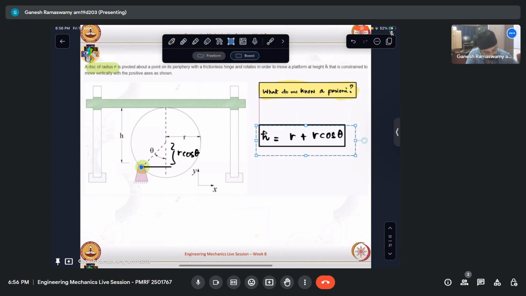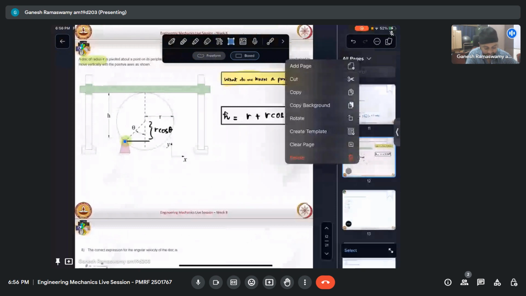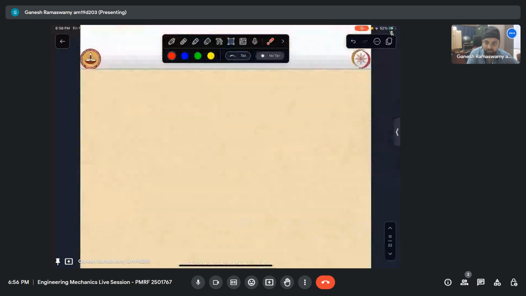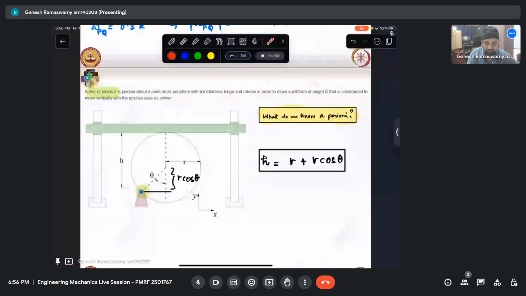So what is it that we have been asked? The correct expression for the angular velocity of the disk is asked.